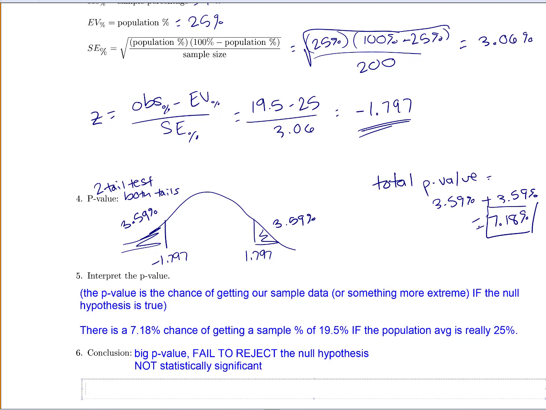And for our final conclusion to give to our bosses, we would say we didn't find enough evidence that, and now you write your alternative hypothesis, the population percentage in Cache Valley is not 25%. So we're not really saying that it is 25%, just that we don't have enough evidence to say that it's not 25%.